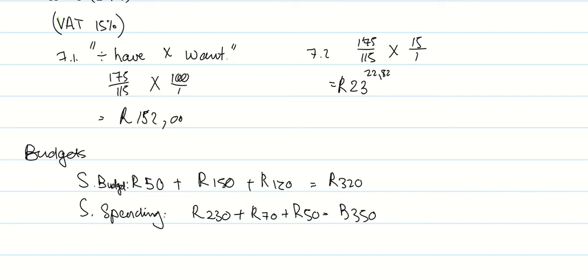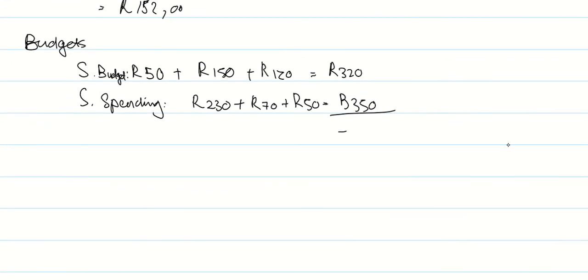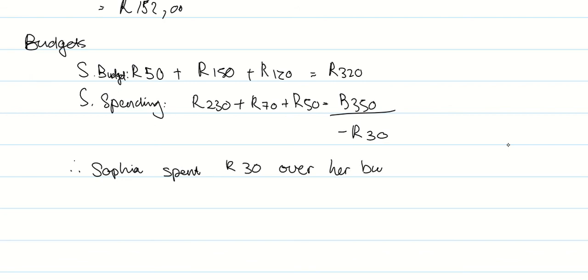So what is the difference between Sophia's budget and Sophia's spending? The difference is 30 Rand. Was she still in her budget? No, she went over budget. So therefore we conclude that Sophia spent 30 Rand over budget. Is everyone with me with that one? You good with that? All right.